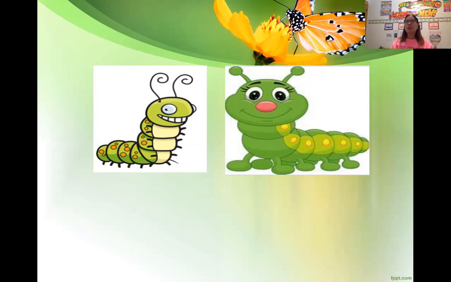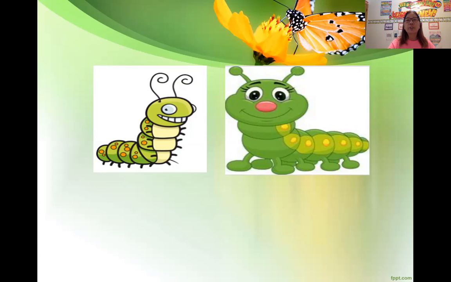And because it is a larva, we always say that a larva is worm-like. So you can ask them, what do you think is the structure of the body of the larva of a butterfly? Of course, the structure is like a worm. What's the color?